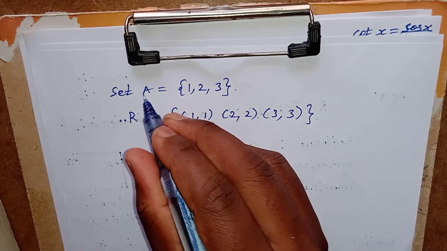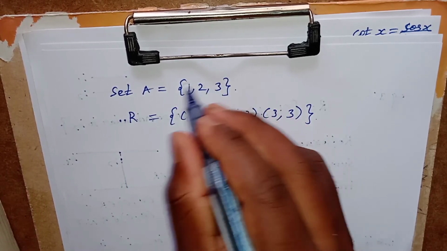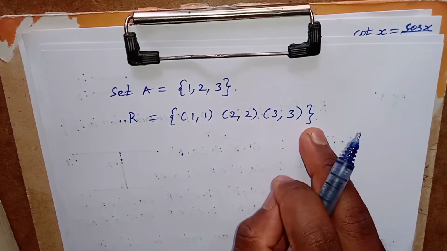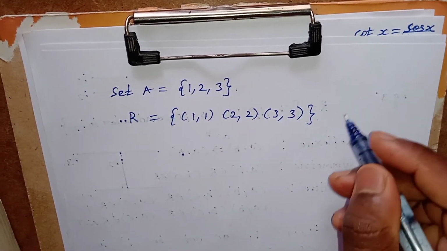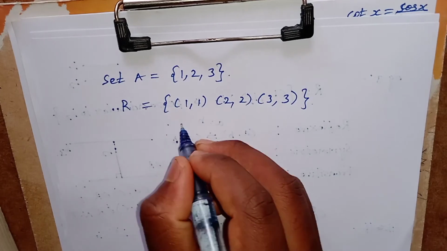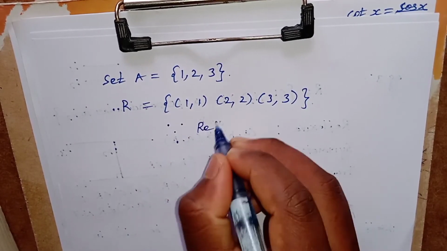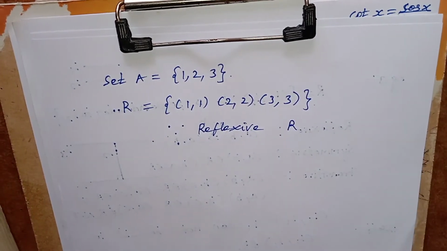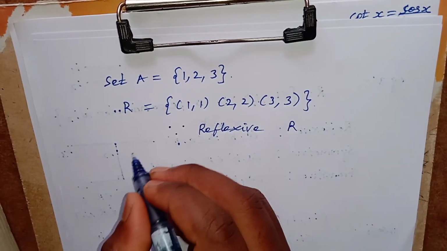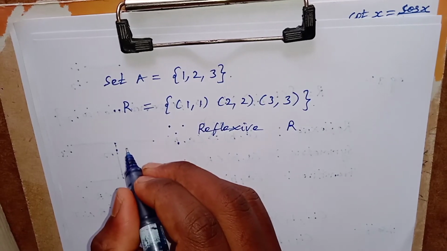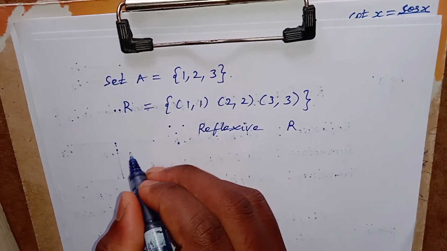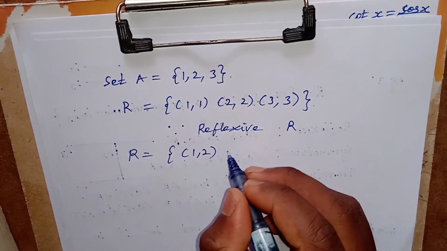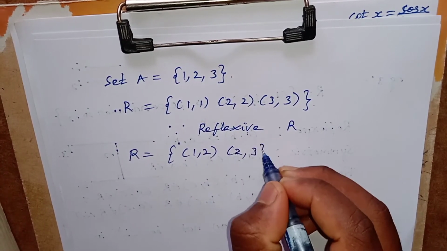In set A there are totally 3 elements, and here we have (1,1), (2,2), (3,3). Therefore it is satisfying the reflexive condition, so it is a reflexive relation.